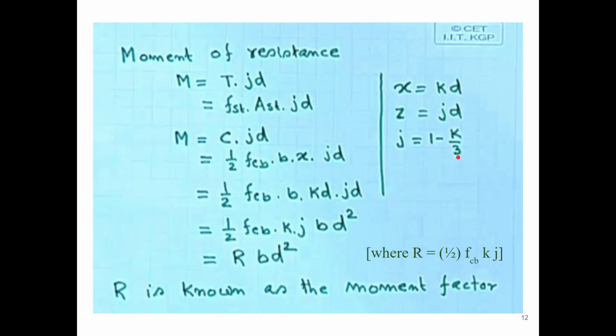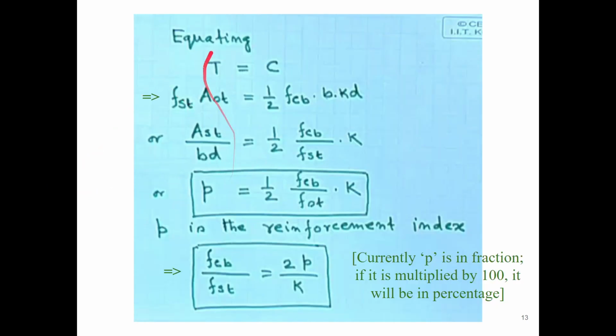Again, equating T equal to C, we see that fst Ast equals half fck into b into x, or kd. Or Ast by bd is equal to half into fck by fst into k. This Ast by bd is nothing but the amount of steel reinforcement. If you multiply by 100, it will be the percentage of steel reinforcement.